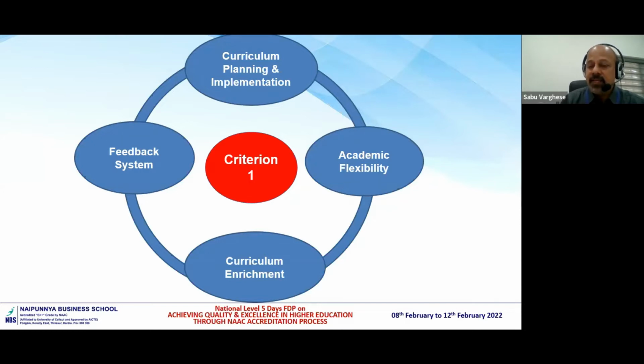And the second key indicator is academic flexibility, which has the number 1.2. And the 1.3 key indicator is curriculum enrichment, and 1.4 is feedback system. So these are the key indicators, and what comes under each key indicator, we are going to look at.